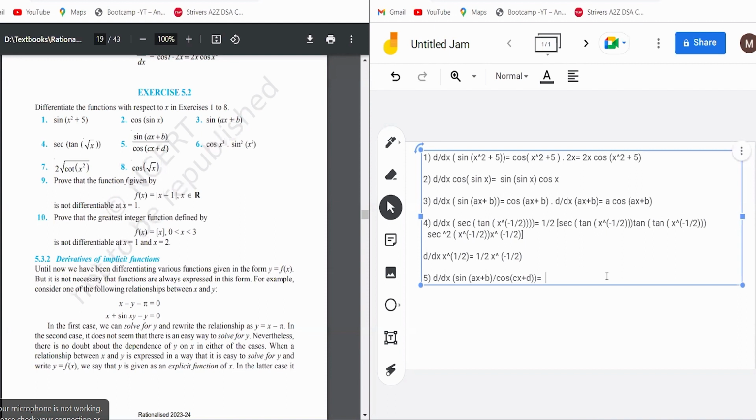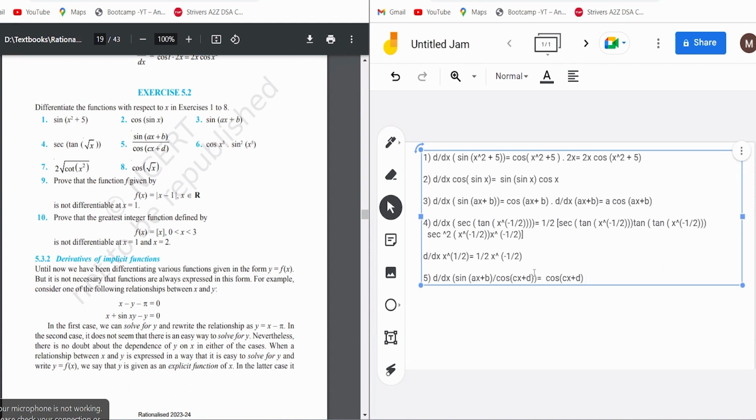So let us do using, firstly I'm writing the numerator, then I will write the denominator. So how to write numerator? Denominator as it is, cos of cx plus d, multiplied by differentiation of numerator. What is the differentiation of numerator?